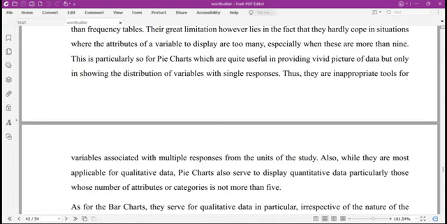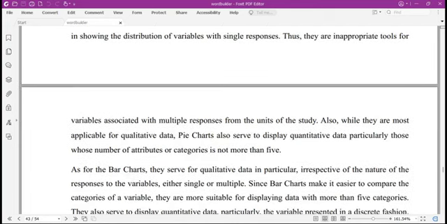Also, while they are most applicable for qualitative data, pie charts also serve to display quantitative data, particularly those whose number of attributes or categories is not more than 5. So if you have just about 5 categories, the pie chart is very appropriate for that.